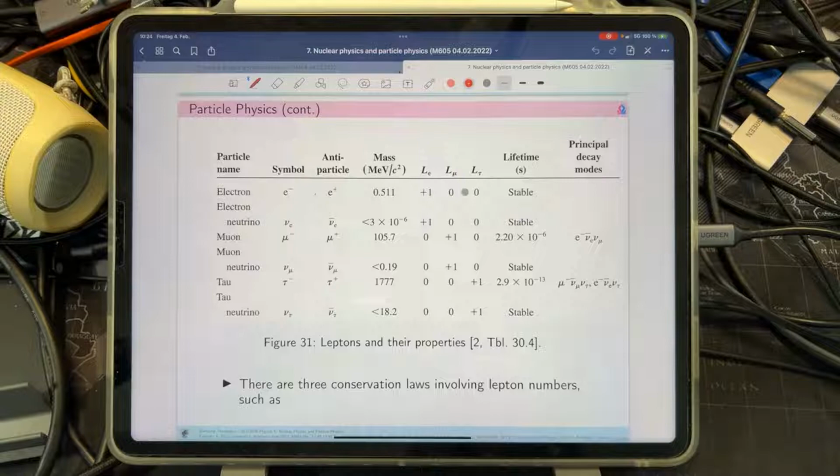This is the electron lepton number, and here is the muon lepton number. Electron and positron have no muon lepton number. Electron and positron have no tau lepton number, 0 here.